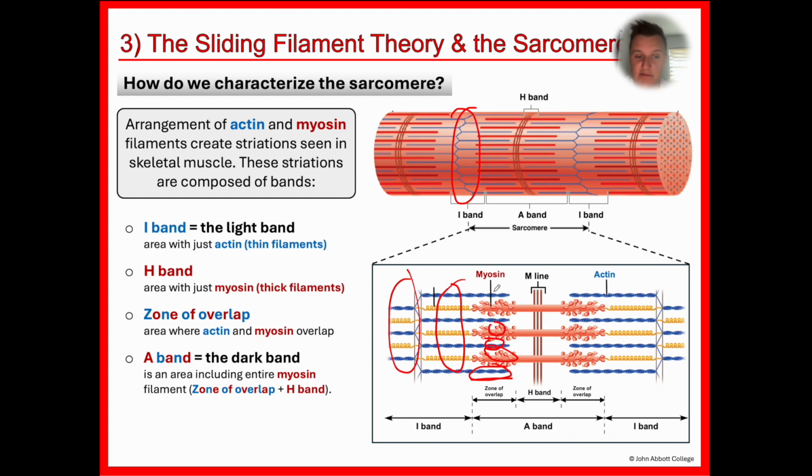And then we have the A band, the true dark band, an area including the entire myosin filament. So the A band goes from where the myosin is to the other end where the myosin is. It includes the H band and the two zones of overlap on each side.